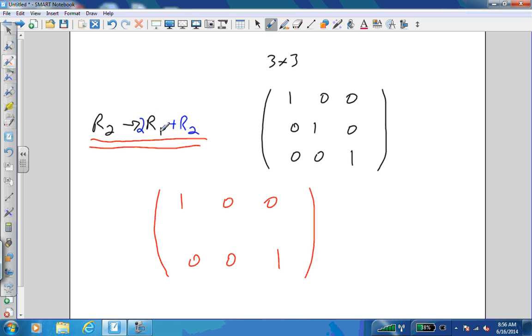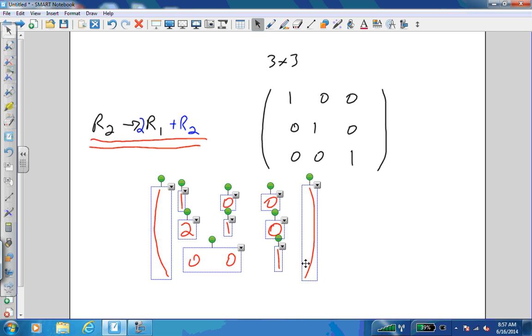So in the row 1 place, we're going to use a 2. In the row 2 place, we're going to use a 1. There are no 3's in here, so 0. So when we take a matrix and multiply by this matrix, it's going to double the first row and add it to the second row.